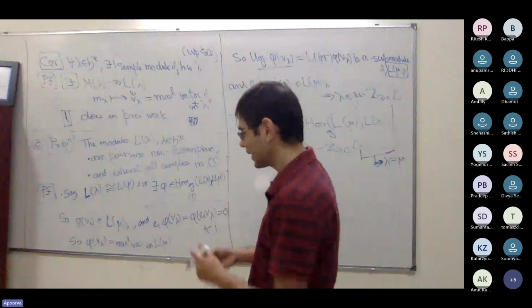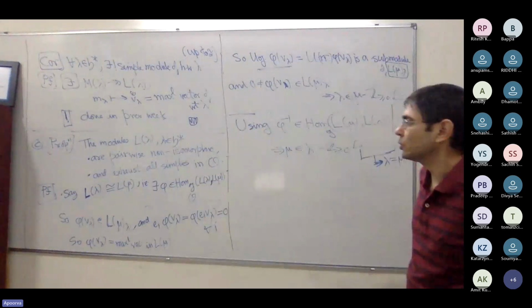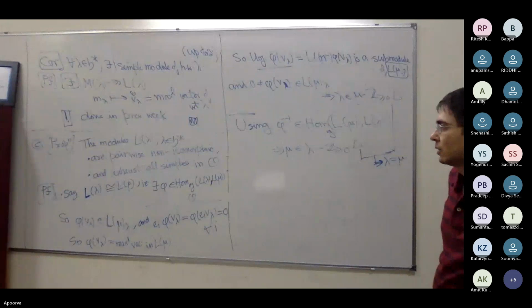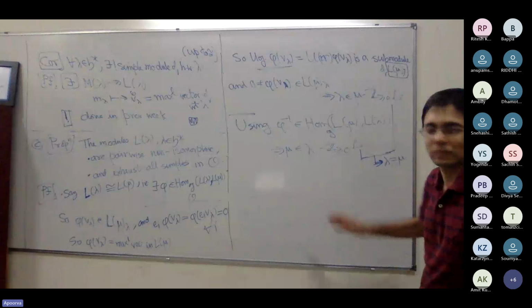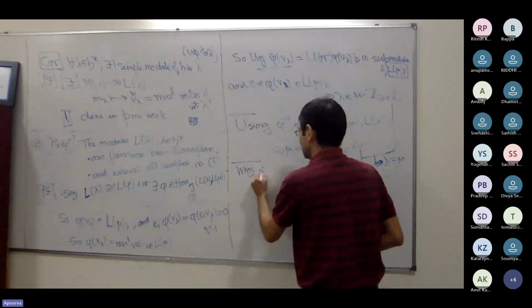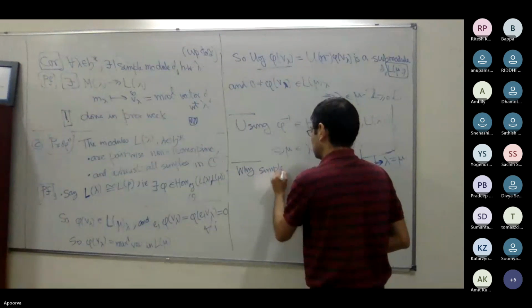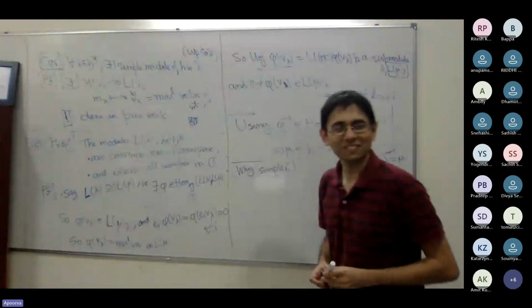Did I actually need the fact that they're simple, or could this be done for any two highest weight modules? And maybe I should leave you to think about this. Is there a gap in the proof? Is that what is going on?